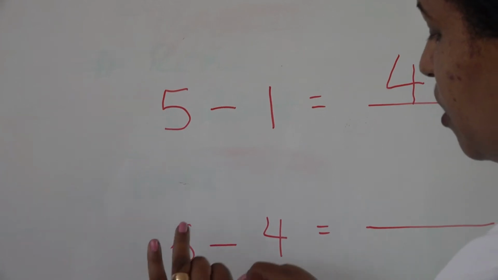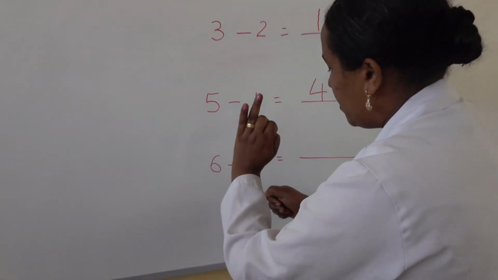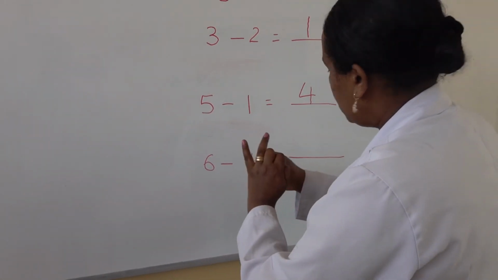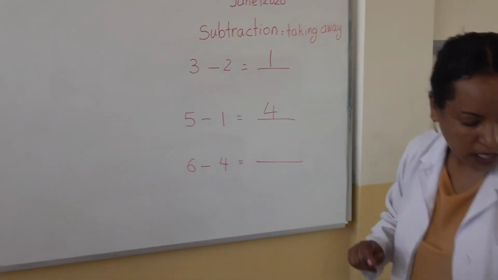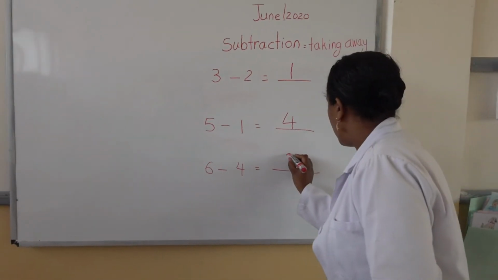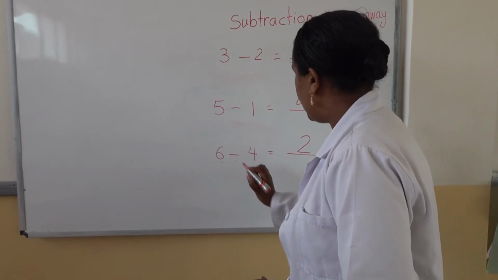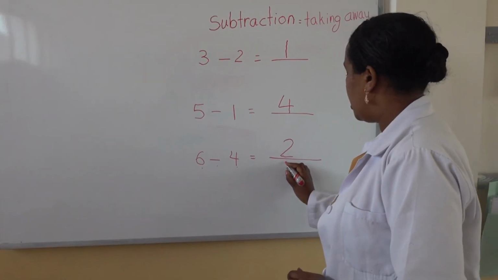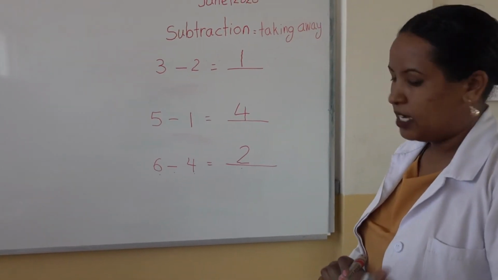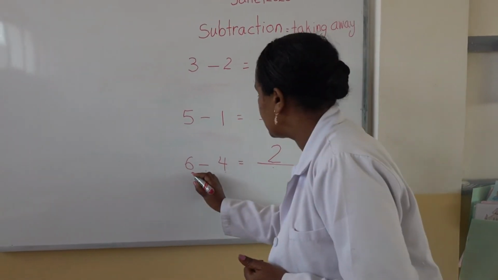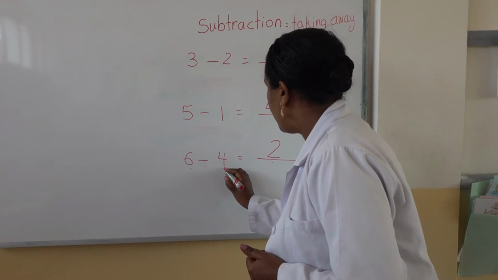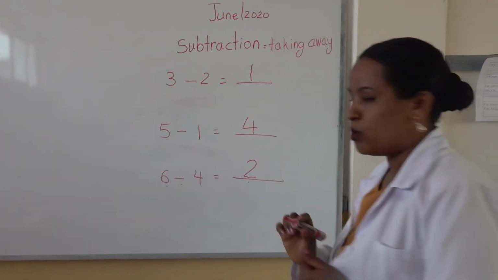Or we fold 4 of them. And how many left over? 1, 2. So you write here 2 on the line. We read 6 minus 4 equals 2.